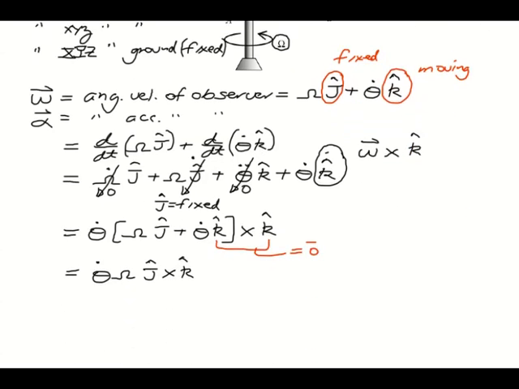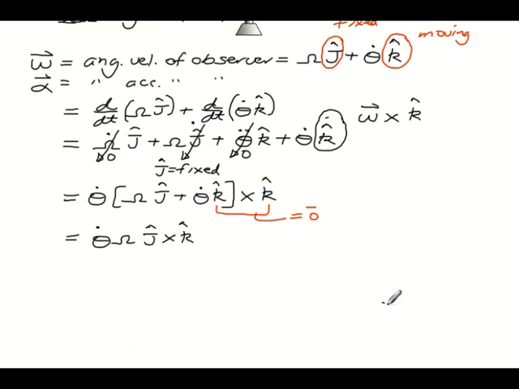So let me draw the picture here: big I is like this, big J is like this, small i is there, and small j is like that.